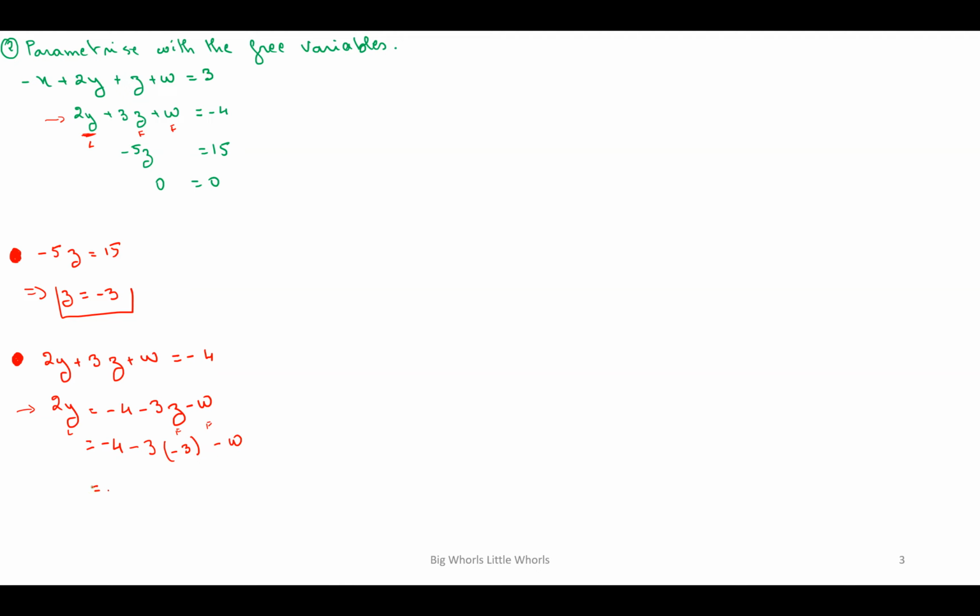So we have minus 4 plus 9 minus w, which is equal to 5 minus w. That's 2y. That means y equals 5 over 2 minus a half of w. That's our y.